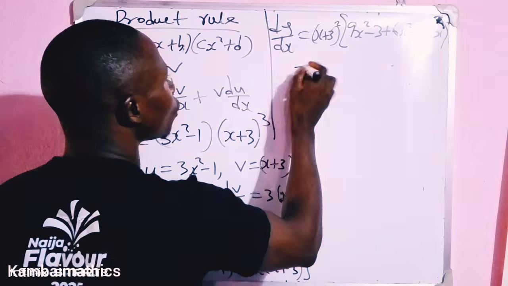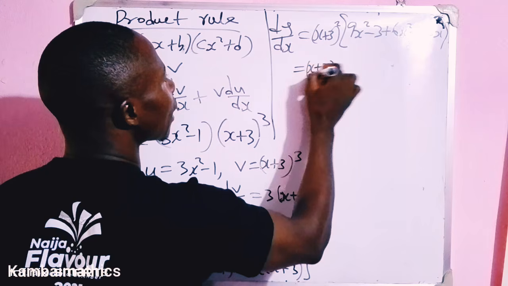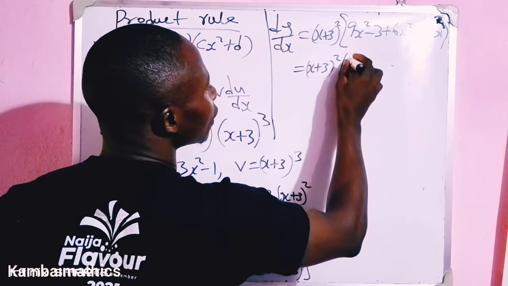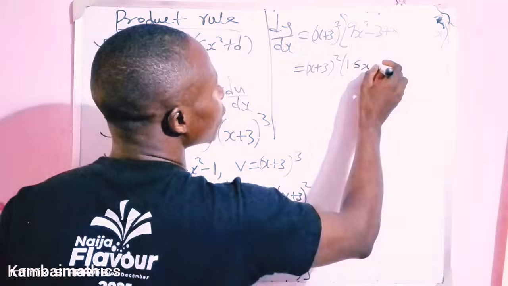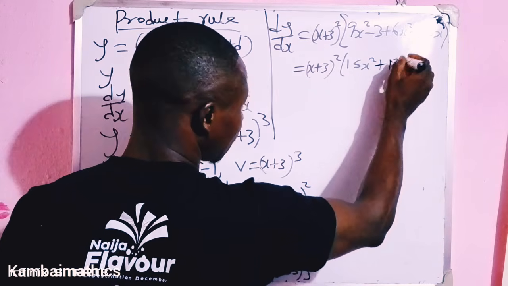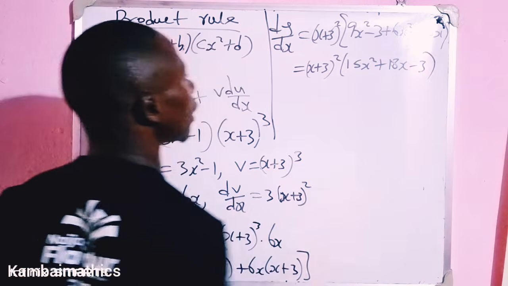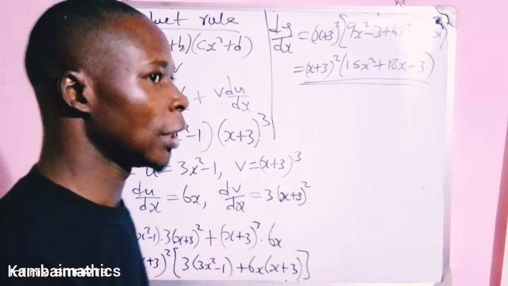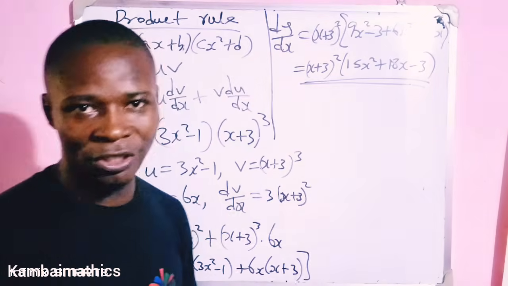So this will give us x plus 3 in bracket raised to power of 2, another bracket. This plus this will give us 15x squared, and then we have plus 18x minus 3, close the bracket. You can decide to expand this one, but I will always leave it in this way to avoid the complex expansion, which is still the same thing.